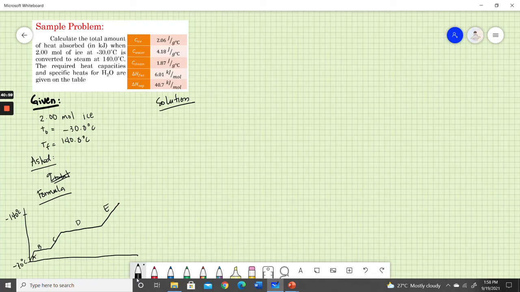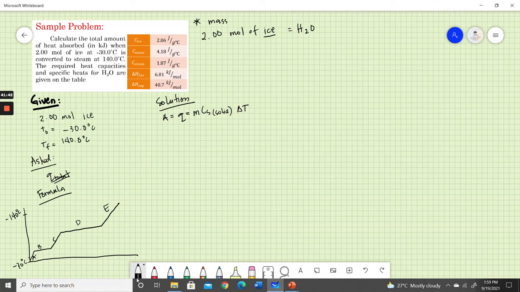So for part A, we have to use Q is equal to M, the heat capacity in solid, multiplied by the change in temperature. We begin by first getting the mass of our substance. We have 2.0 moles of ice. We know that ice is actually H2O, correct?